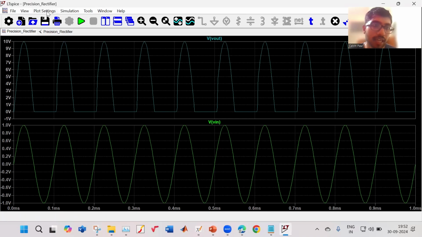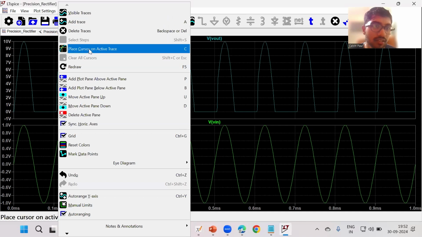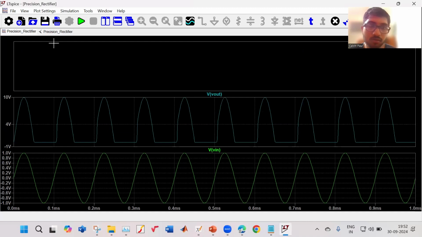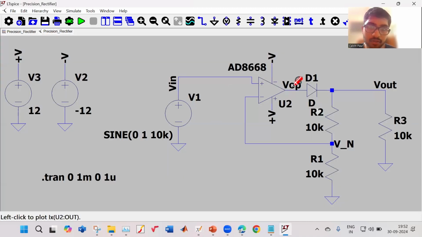Now, one more thing which I also want to see is, okay, I want to see what is the diode, what is the voltage over here.